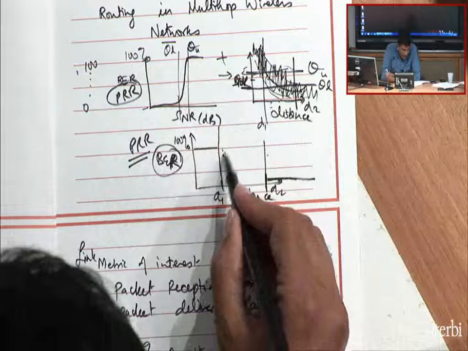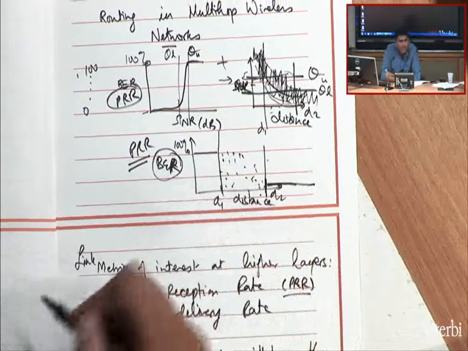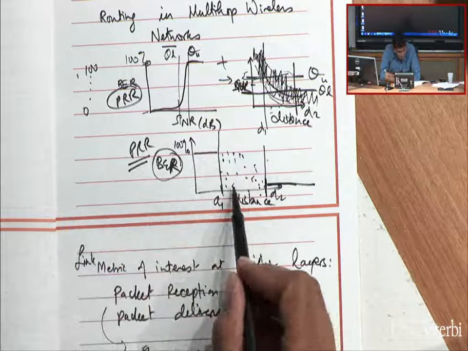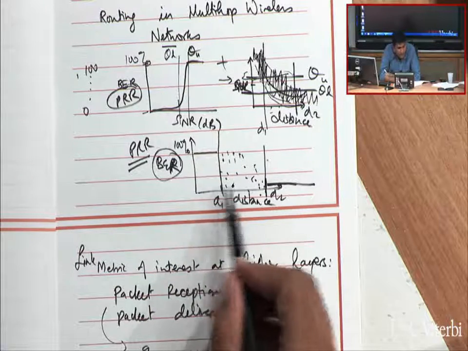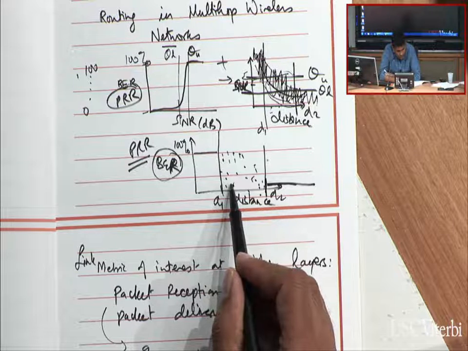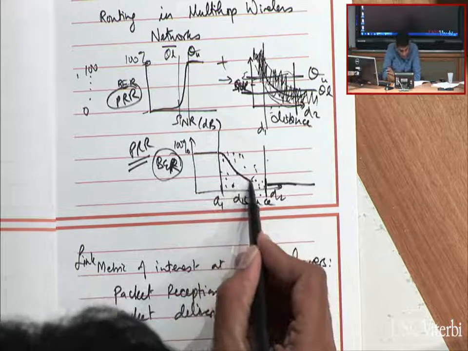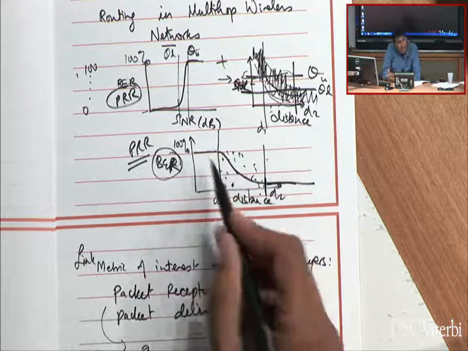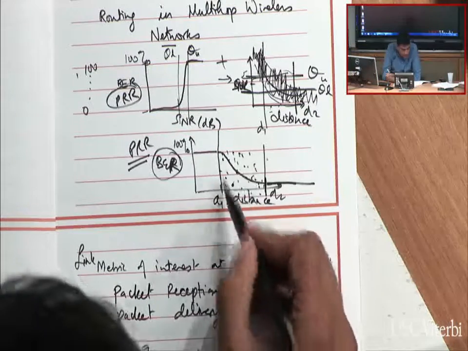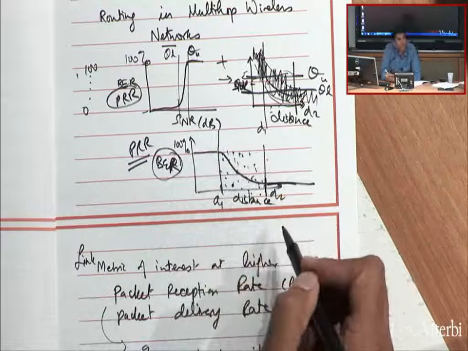So in this range, there are all kinds of different packet reception rates you might encounter. In particular, if you have a slow fading environment, you might be stuck in a bad fading environment here, even though you're at a relatively close distance, and you just get stuck at this value. And if you're farther and farther away, that becomes more and more likely. So there may be some mean packet reception rate curve following this behavior, but in slow fading environments, you might be sort of distributed around that curve.